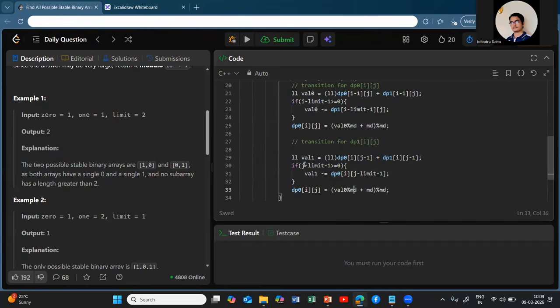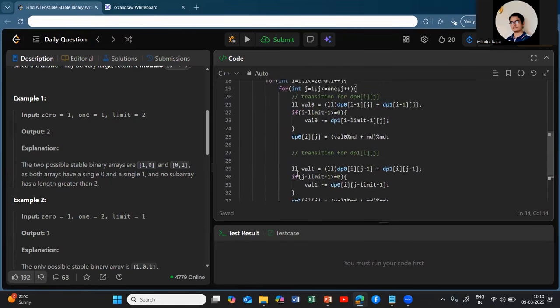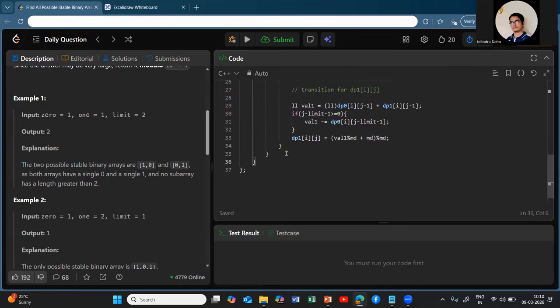Okay, and you have dp of 1 ij filled now, filled with this value 1. And that's all. At the end you can just return your answer. So after these two for loops, at the end you can just simply return, let's say, long of dp0 ij.